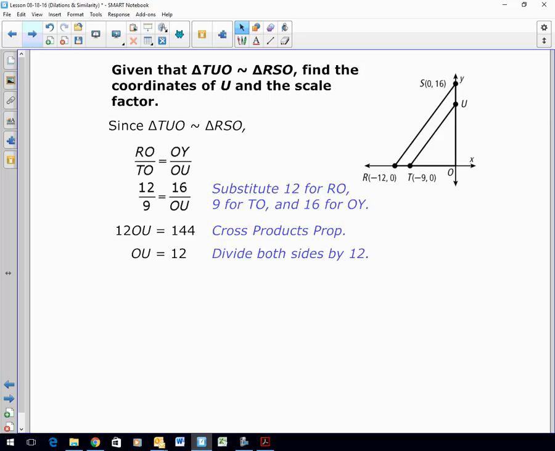Okay. Y'all ready for this? Since TUO is similar to RSO, that means that, check it out, RO over TO is the same as SO over UO. Alright?